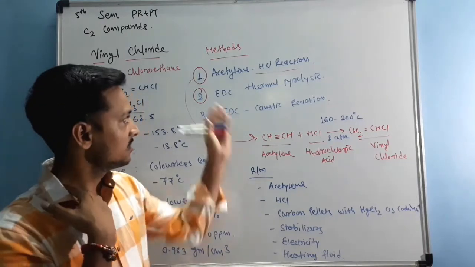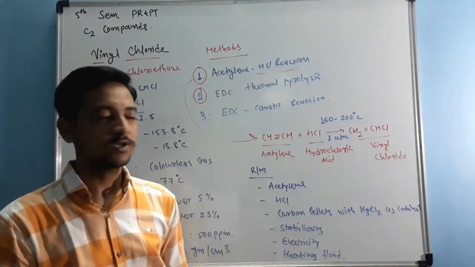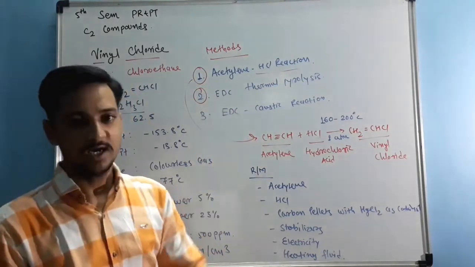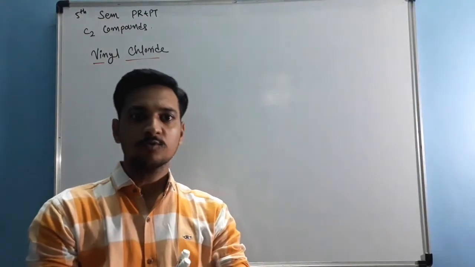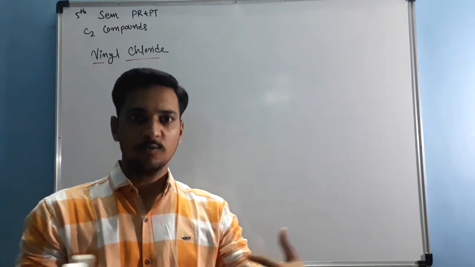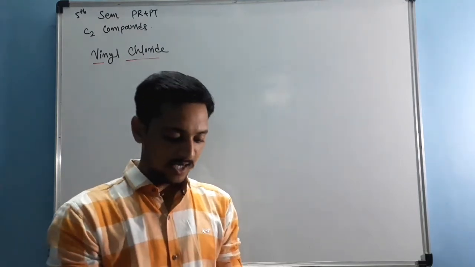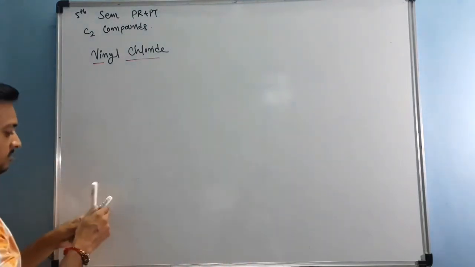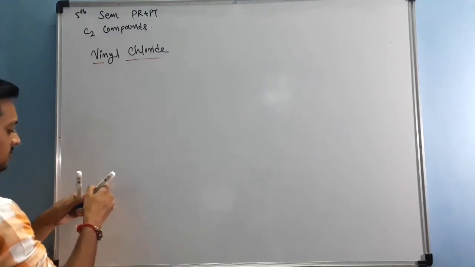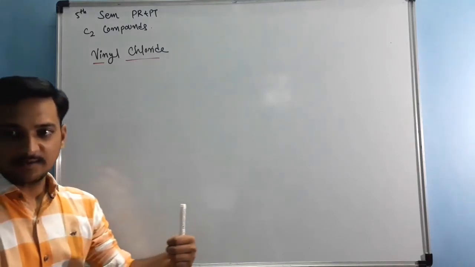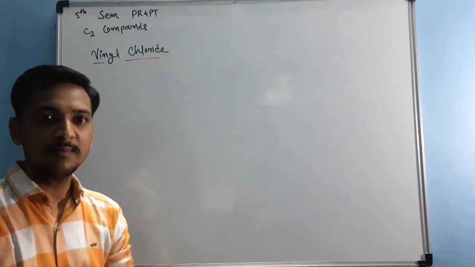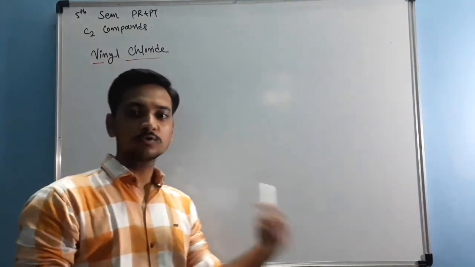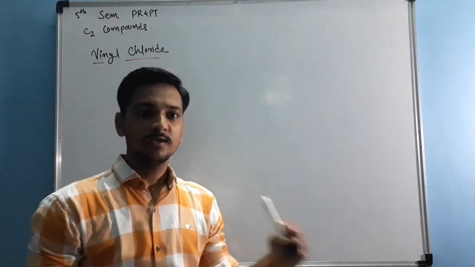Now let's discuss the flow sheet of the acetylene HCl reaction. First of all, the two main reactants or raw materials are acetylene and HCl. First of all, we mix them with a jet mixer and form a vapor. So it goes to a tubular catalytic reactor.